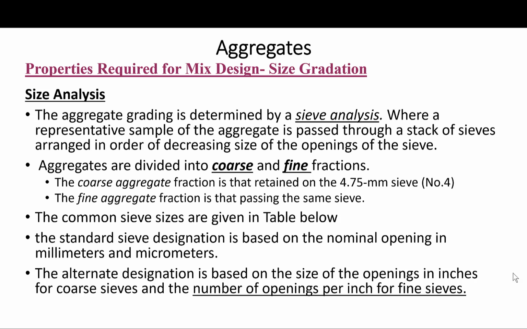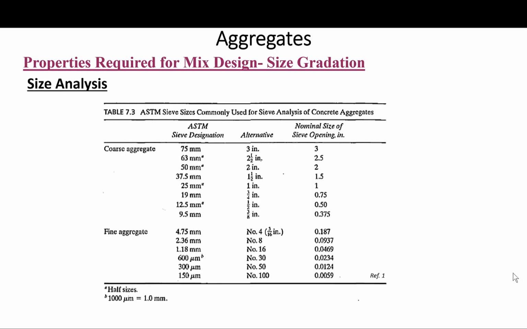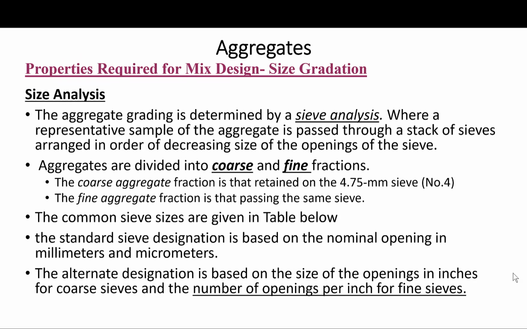The coarse aggregate fraction is that retained on the 4.75 millimeter sieve, which is the number 4 sieve, while the fine aggregate fraction is that passing the same sieve. Okay, that's the distinction. The common sieve sizes I will show in the table on the next slide.